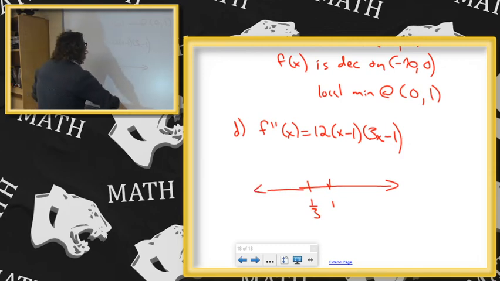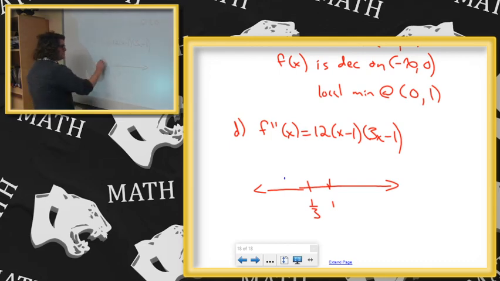Okay, so doing our test values, if we put in a 0, it's a negative times a negative, which is a positive. If we put in a half, that would be a negative times a positive, so it's a negative. If we put in a value like 10, then that's definitely positive on the other end.